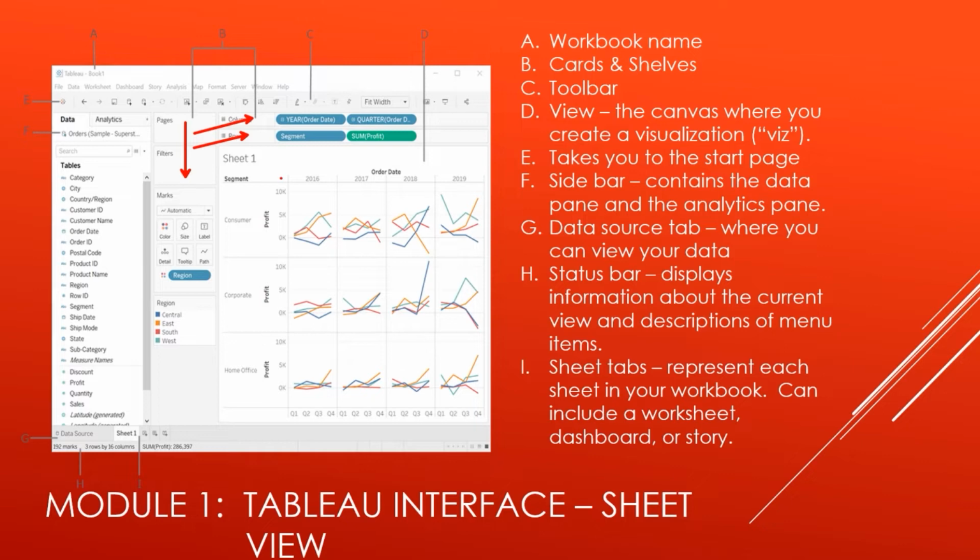Technically speaking, columns, rows, pages, I believe, and filters are known as shelves, and then the marks card is known as a card. The terms are used interchangeably. Again, it doesn't matter what you call them as long as you know how to use them.